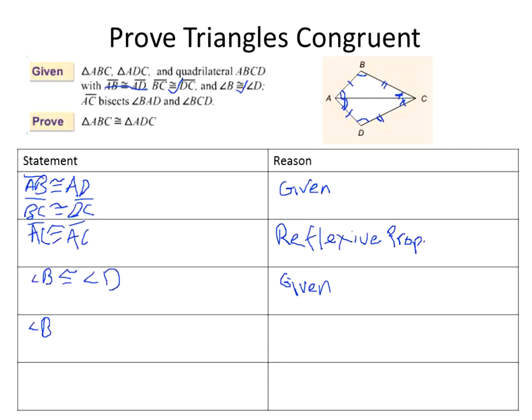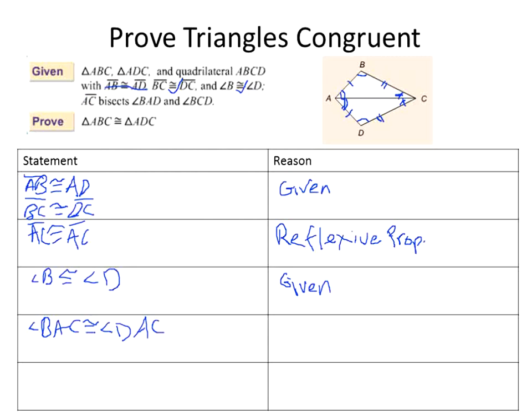So let's write down what's congruent right now. Angle BAC is congruent to angle DAC, because we did mark it as that. But what was the reason that we could mark it that way? The reason was because we said we had something that bisects.